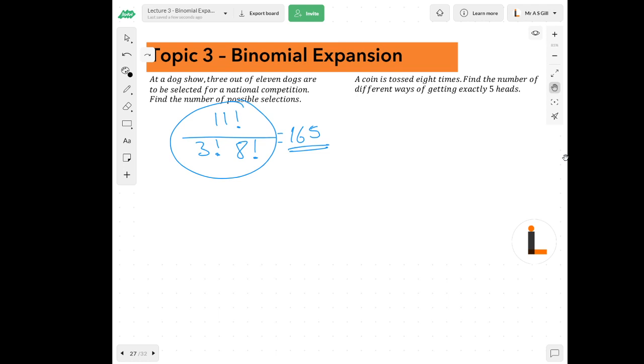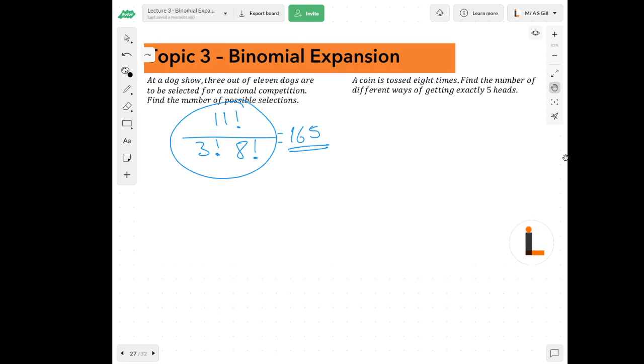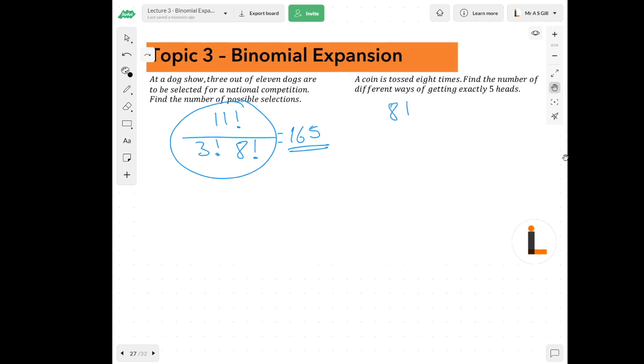Okay, so again, we are flipping this coin 8 times. So there are 8 possible opportunities for success that we have, if you're calling success landing on heads. But out of them, we're looking for only 5 successful attempts.